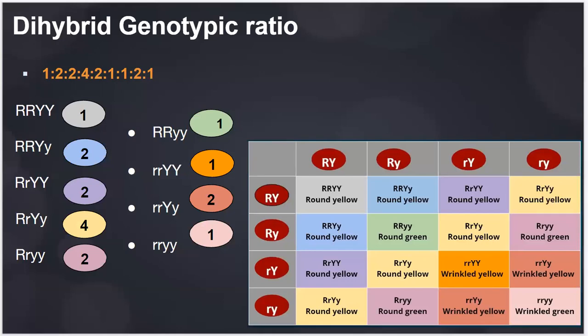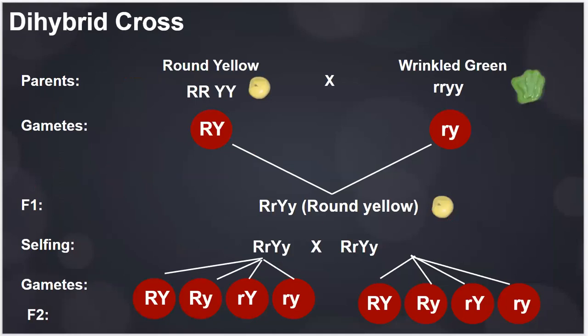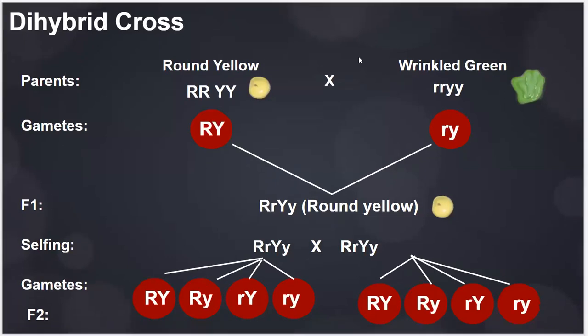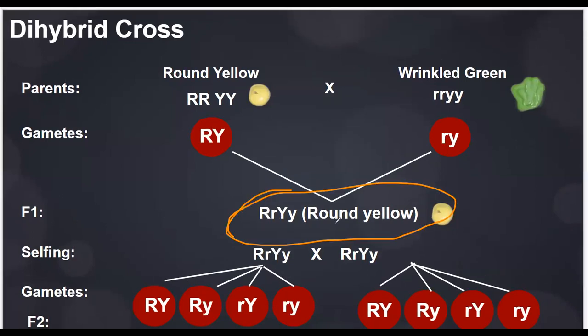laws that will come. So what do you see? So what do you get from this? The first law that we will see over here from the monohybrid as well as dihybrid cross is that the dominant allele is expressed in the F1 generation.